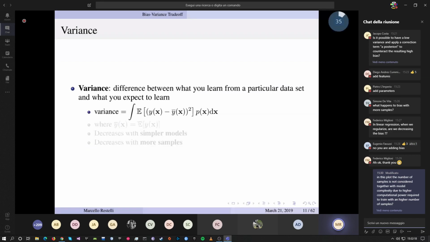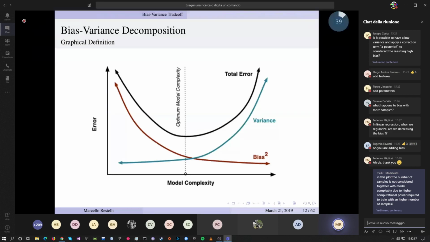Of course, these are things that you cannot compute, because it would require knowledge that you do not have: the probability over x, taking the expected value with respect to all the realizations of the data set. You have only one data set. So they are theoretical quantities that unfortunately you do not have access to. But as we will see, we can produce estimators of these quantities that we can use to regulate the model complexity in our problem.